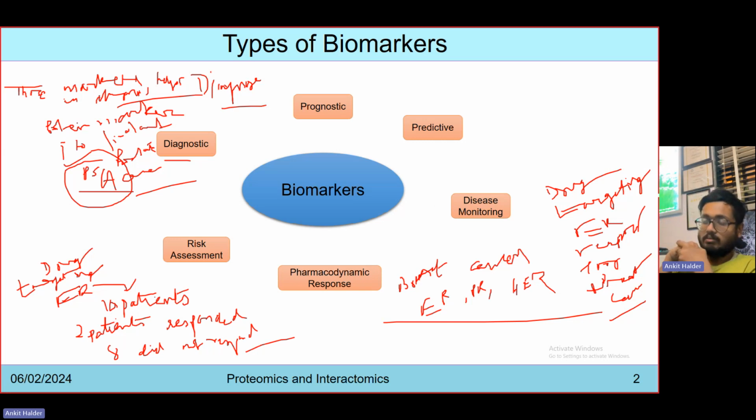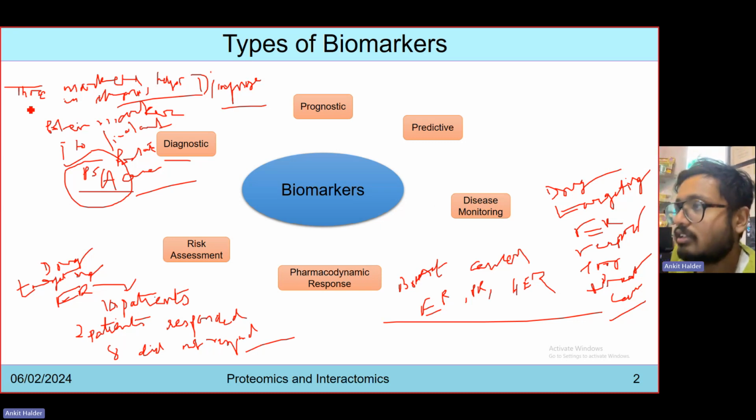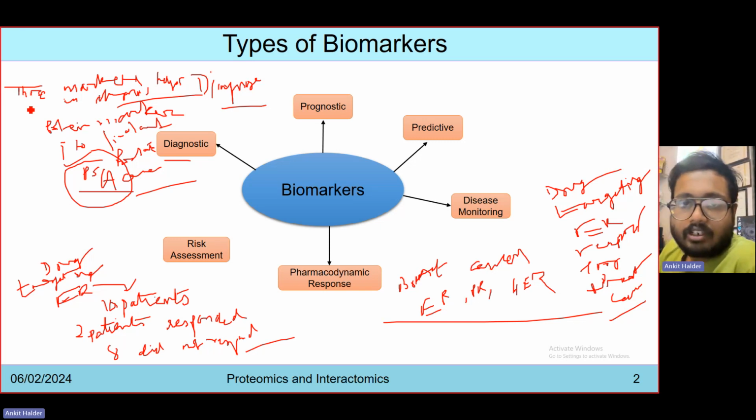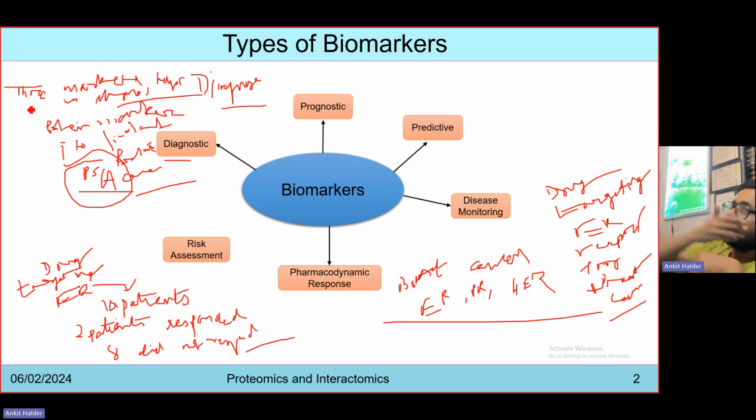So if we target the ER receptor, rather than working for the benefit of the patient, it will lead to off-target toxicity and increase the problems and toxicity for the patient.